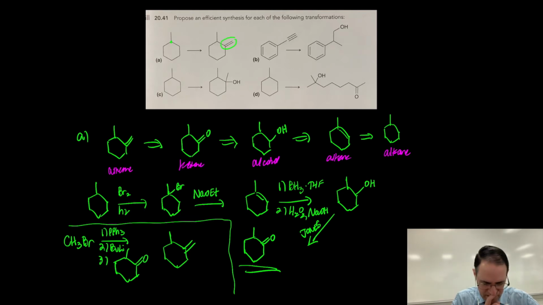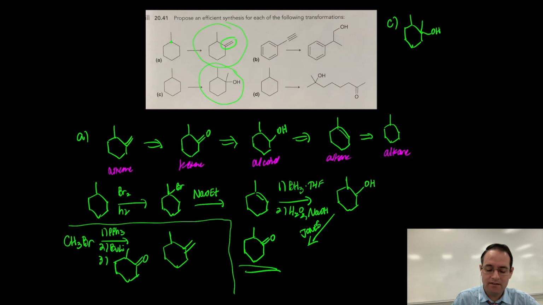So when we look at the molecules here, you should see that A and C are highly related. If I look at molecule C and I think backwards, this looks like an alcohol. How can I make alcohols from aldehydes or ketones or things like that?